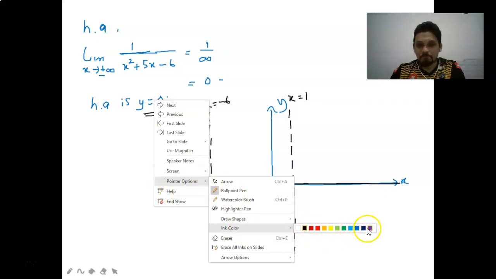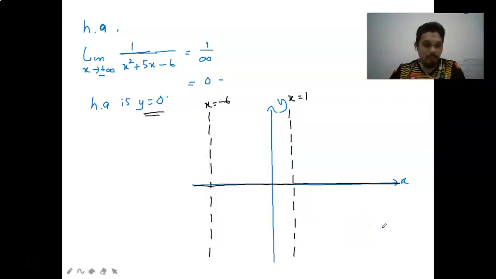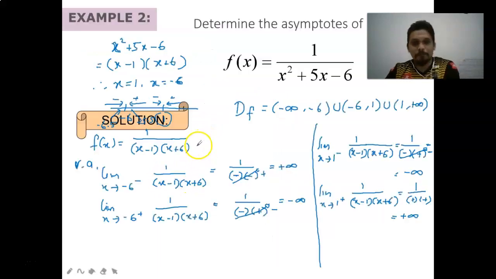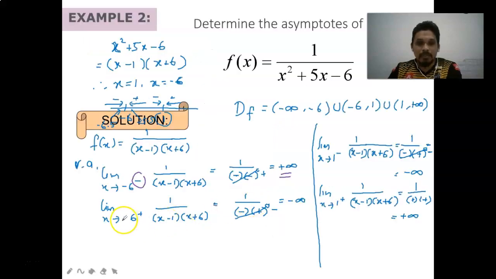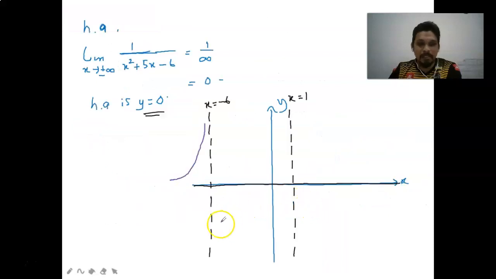Let's sketch with a purple line here. When x approaches negative 6 from the left, this comes up with positive infinity. And when x approaches negative 6 from the right, it gives us negative infinity.